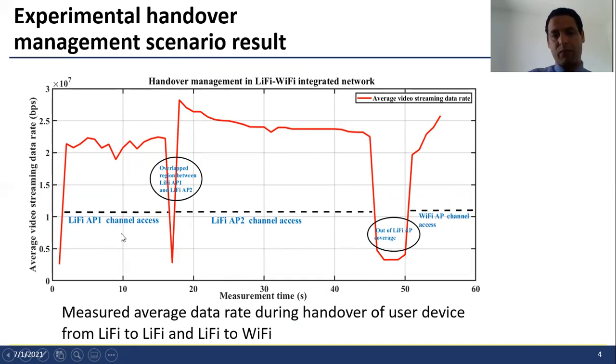We observe that there is a shorter delay when the user device moves between the LiFi access points compared to Wi-Fi, though here it was running in a buffering mode, so it did not experience any service disruption. What's important as well is that as they move into new cells, the channels are available and it quickly picked up their average video streaming data rate.